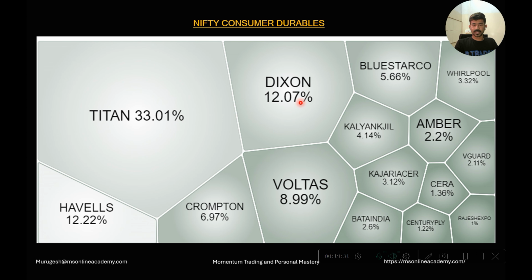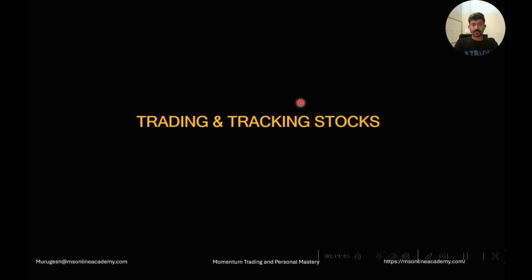These are the stocks from Nifty Consumer Durables. Track Titan. It is showing some strength, if it takes support. Dixon, Havells. Okay, let me share a few stocks to go through for the next week, for the long and short side.